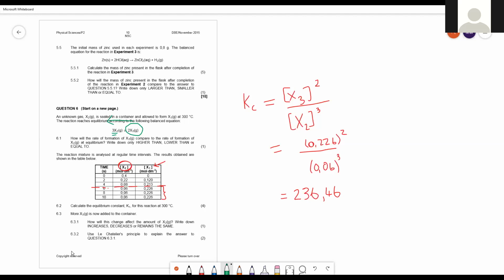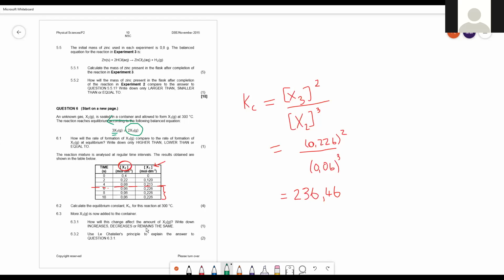Does that make sense to everyone? Okay, so do you guys see how to approach all of these questions? Always think about it logically. Try and think about it as a balancing scale. If you tip the scale to the one side, you're going to do whatever you can to tip it back so that it's balanced. With these type of questions, they're trying to see whether you actually understand the theory. So do you know that at the point where your concentrations are staying constant, that's when you're in equilibrium?